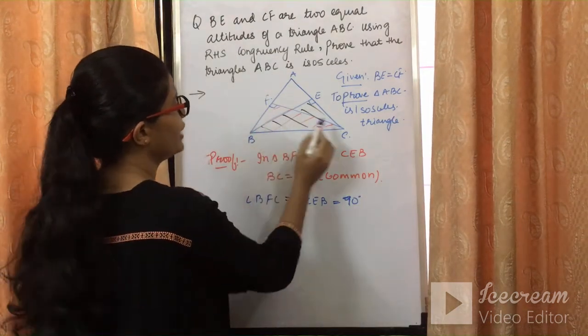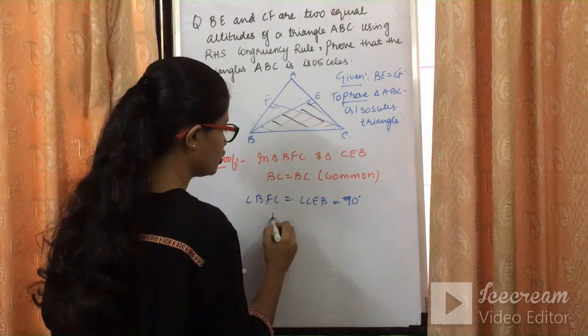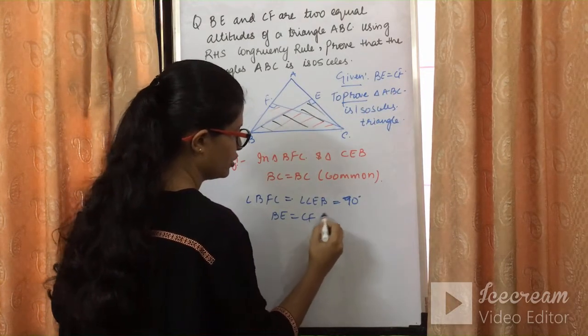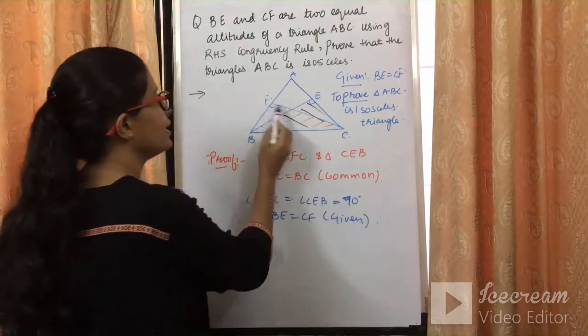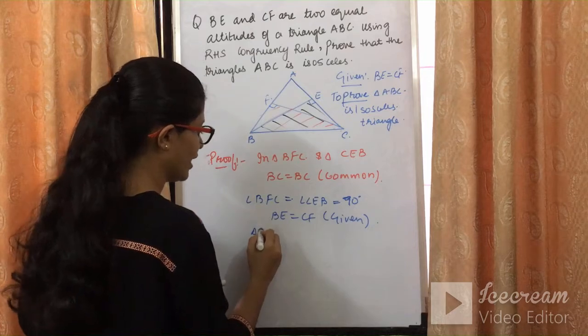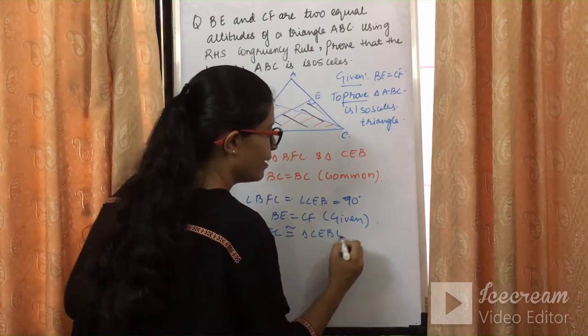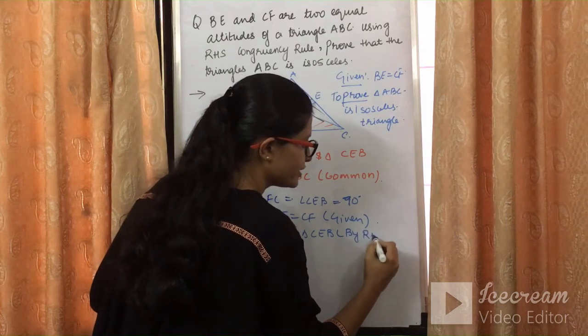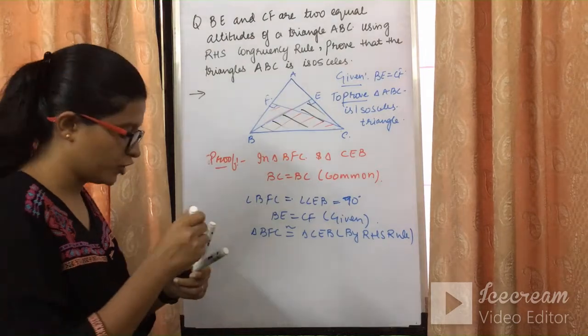And we can see that it is already given in the question, BE is equals to CF. Now since this is the 90 degree angle, we can tell that triangle BFC is congruent to triangle CEB by RHS rule. RHS rule से दोनों triangle congruent हो गए.